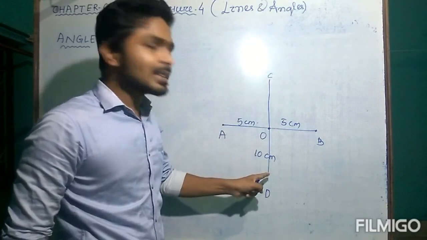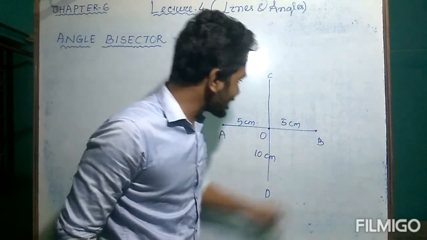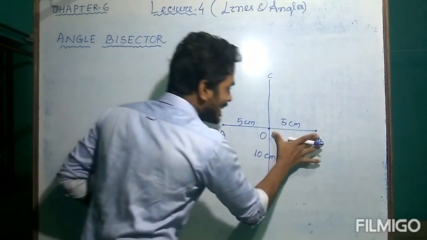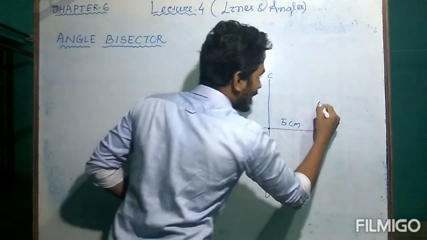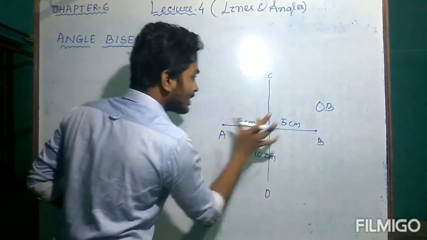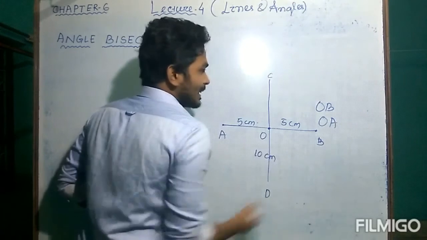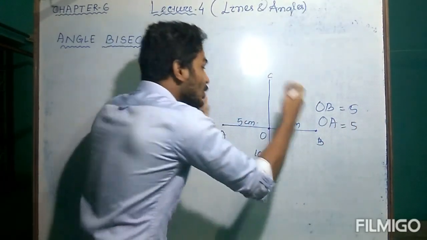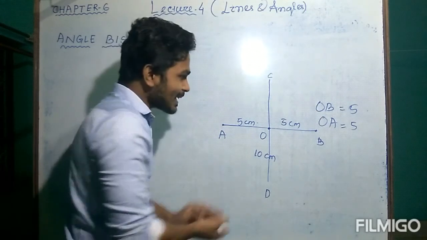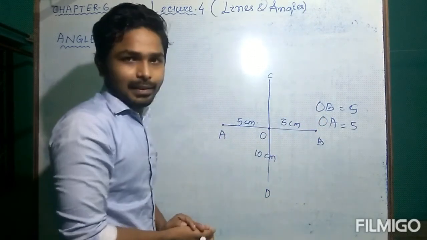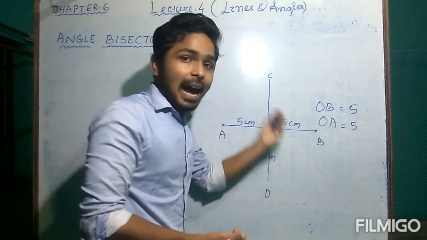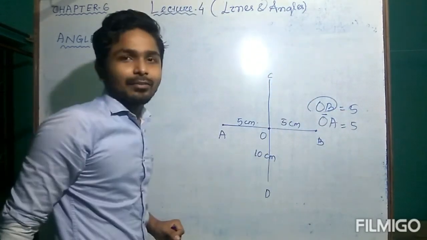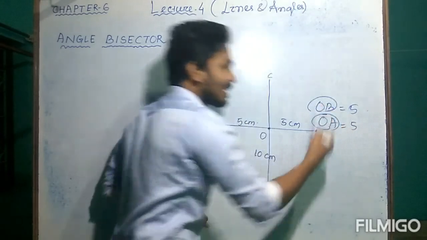So a line bisector divides the line segment into two equal halves. This is one half, this is another half. Each half is the half of the total segment. That means if the total segment is 10 centimeter, then its half is 5 centimeter, one half is 5 centimeter and another half is another 5 centimeter.